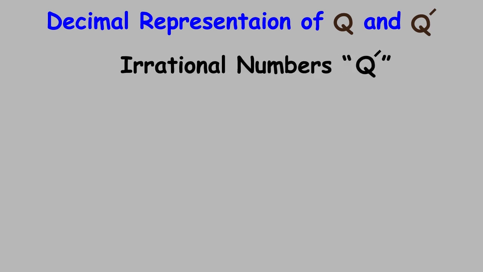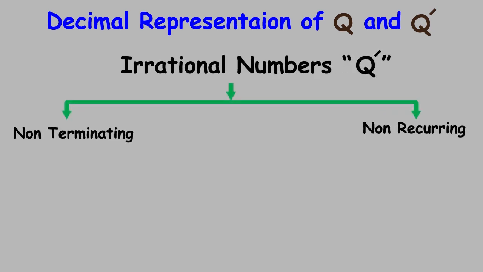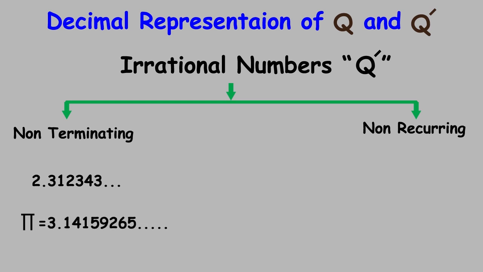Students, the numbers which are neither terminating nor recurring are irrational numbers. For example, the number 2.312343 is an irrational number because it is neither terminating nor recurring.